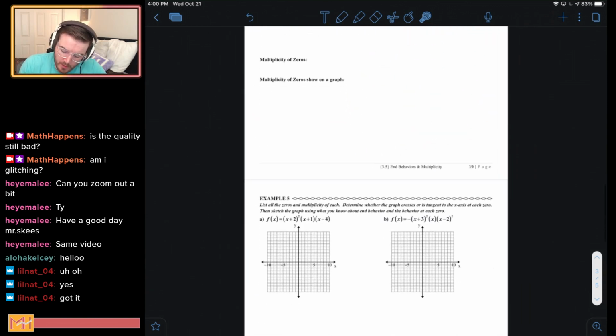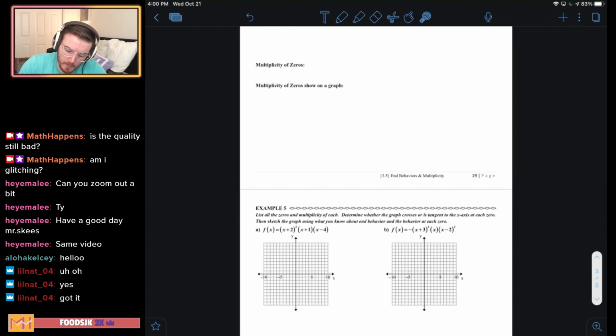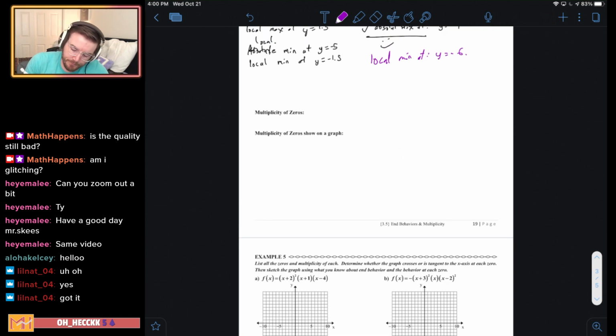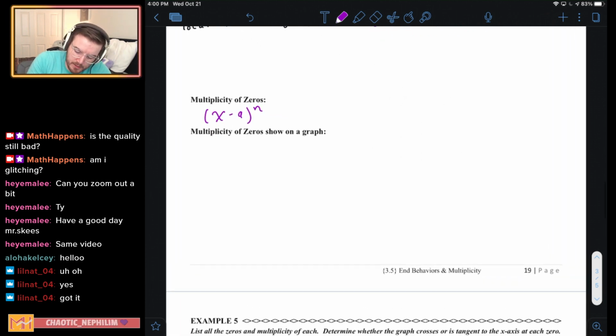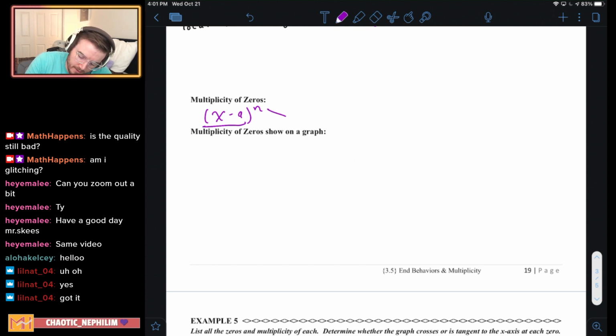All right. So the last part here, when you have something written like so, you know how we have factors, and you might have a factor squared or a factor cubed or something like that. Okay, we've seen things written like this on occasion. This thing right here is called its multiplicity.